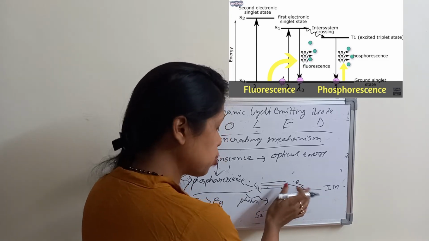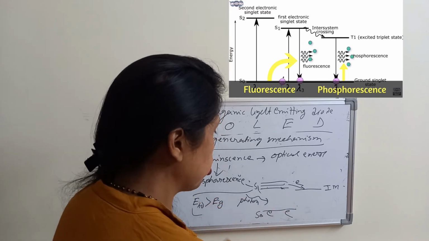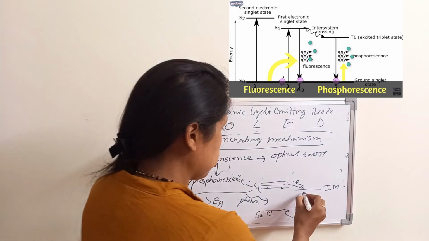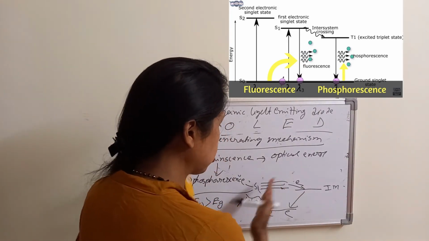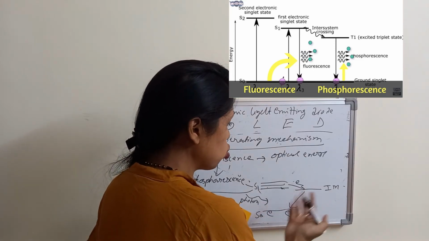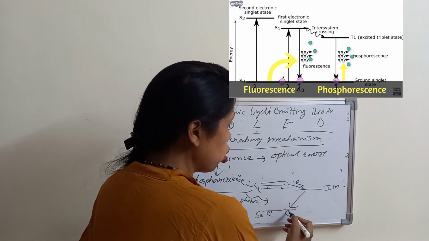This process is also very fast, but it will take some time to move into the ground state. So first the electron will go from S1 to the intermediate state due to the intersystem crossing, and then from the intermediate state to the ground state.